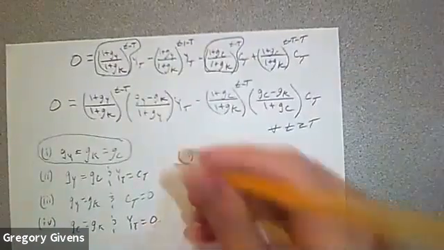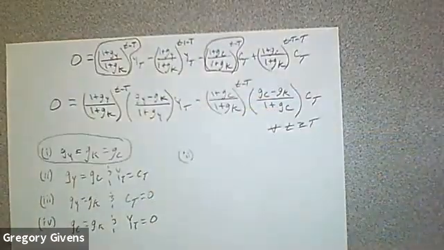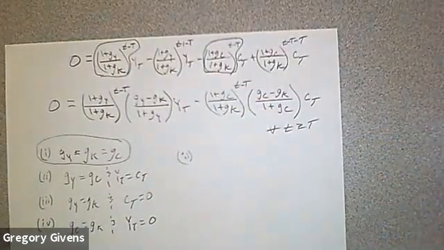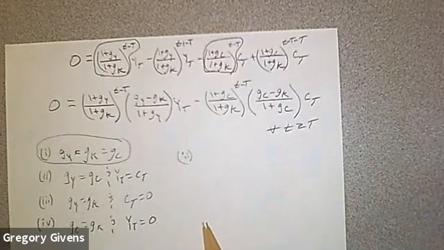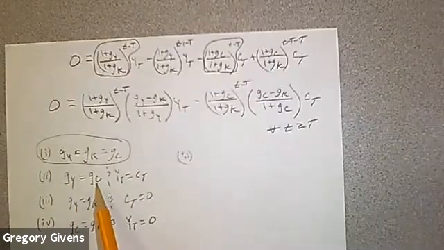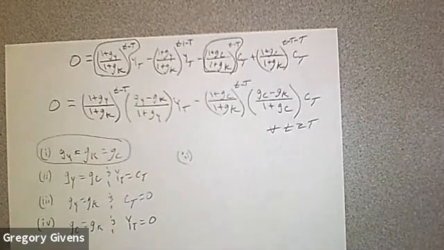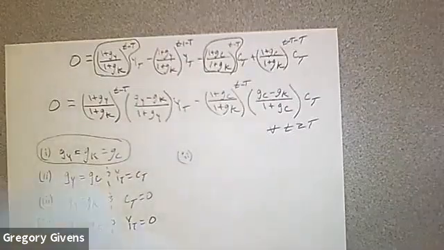Why is number 2 not possible? Well, let's think about this. If gy is equal to gc and C cap T is equal to Y cap T, go back to this sheet here.